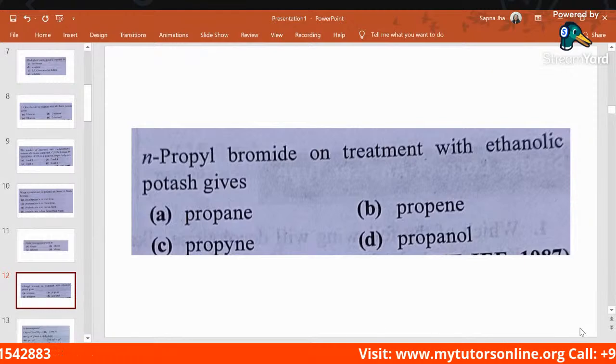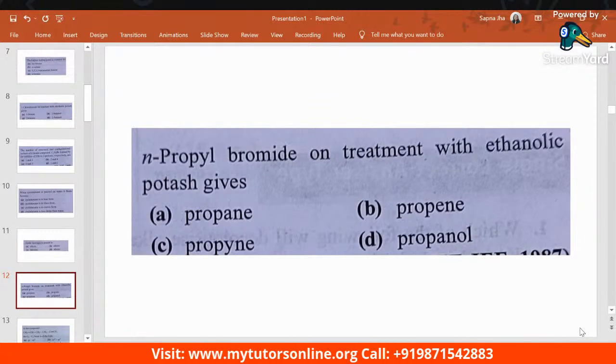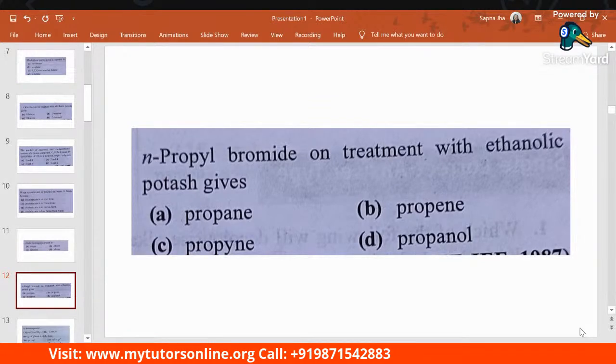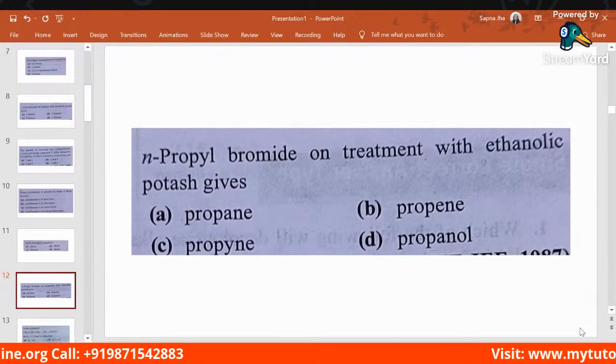The question is so simple. It's about normal propyl bromide on treatment with ethanolic potash. It will give something that you all know. But what it will give, that you have to find out.